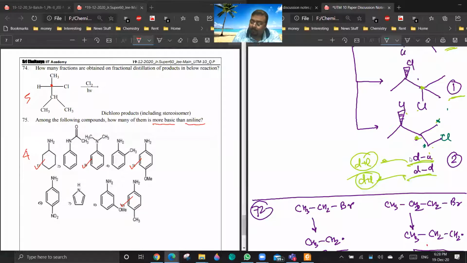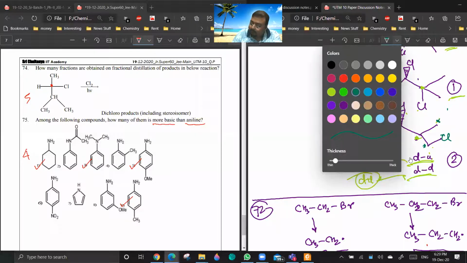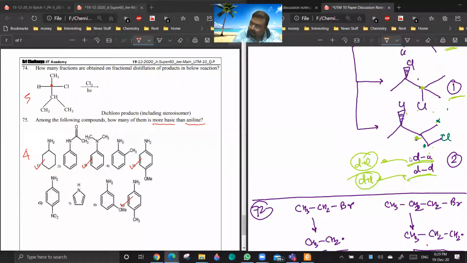Okay, so if you are considering this to be the parent chain, let me just draw it. Then you will be having chlorine like this, and say this is up, dot dot dot.